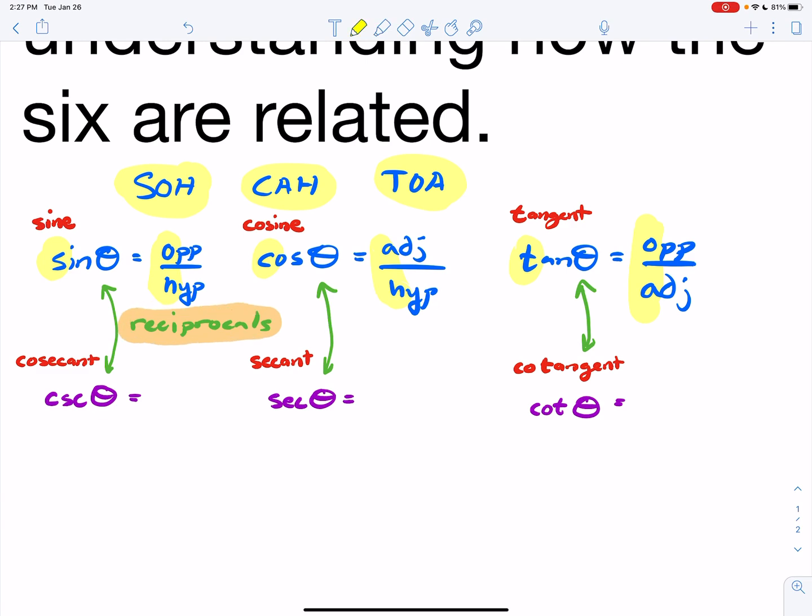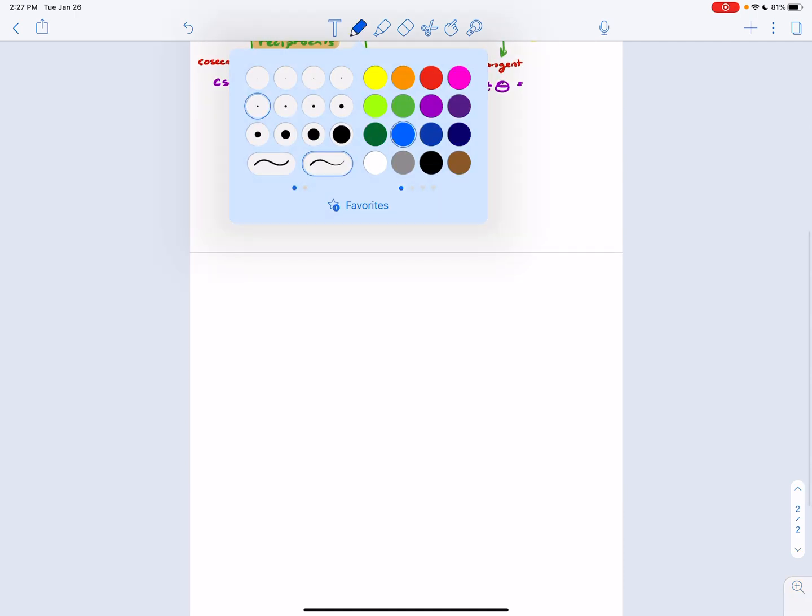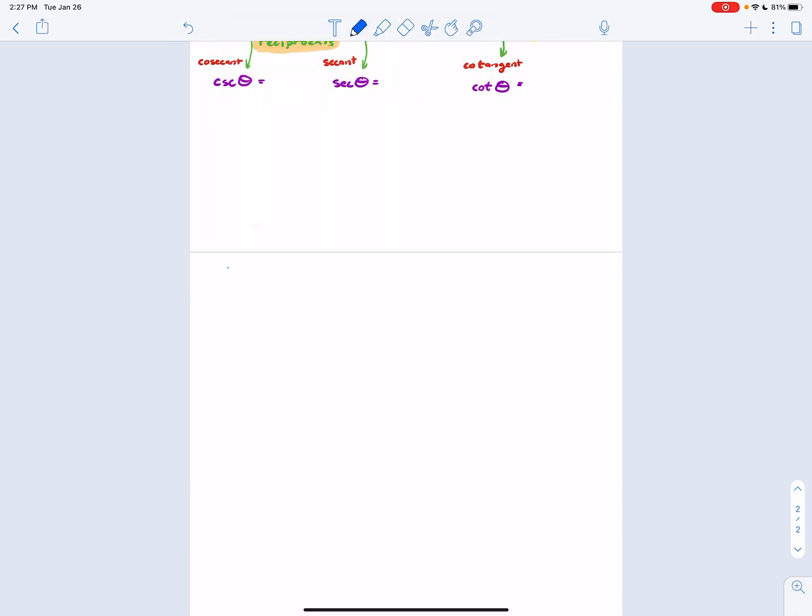So, sidebar, just a little review. What is the reciprocal? When you're dealing with reciprocals, for instance, the reciprocal of 4 over 3 is 3 over 4.